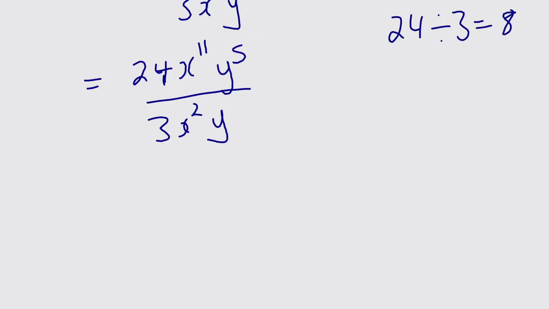So I'm going to have equals to 8. I have x and x to the power 2, and when we divide, if the bases are the same, what do we do? We subtract the exponents.